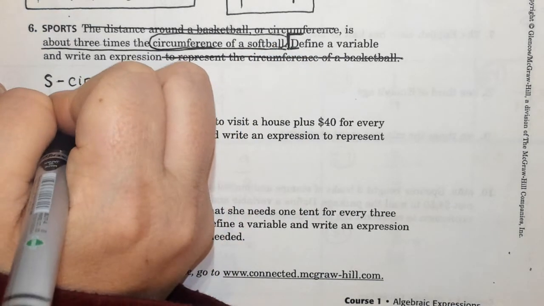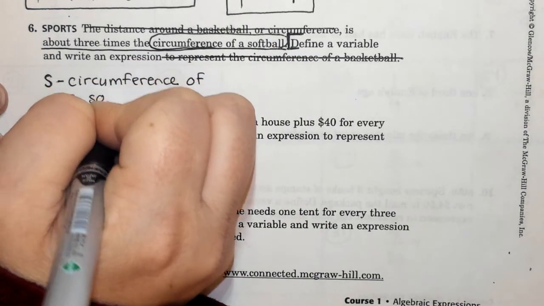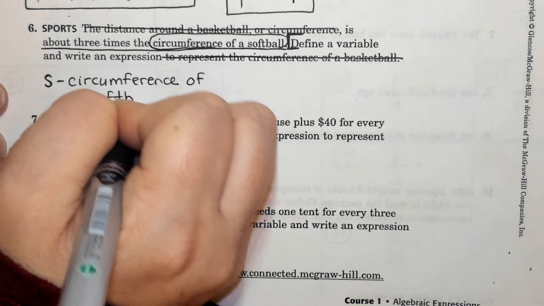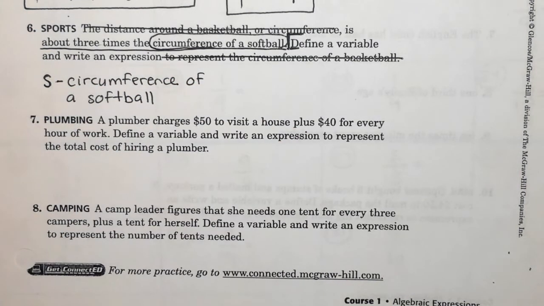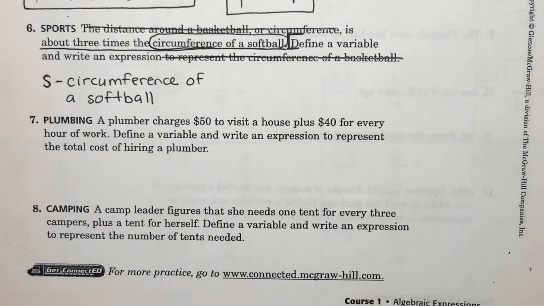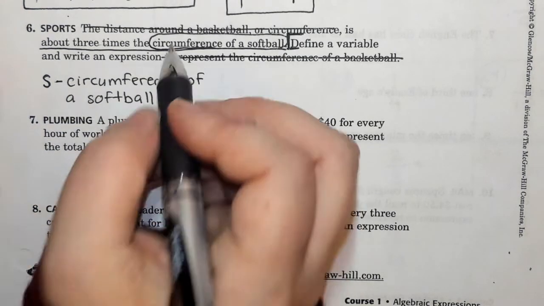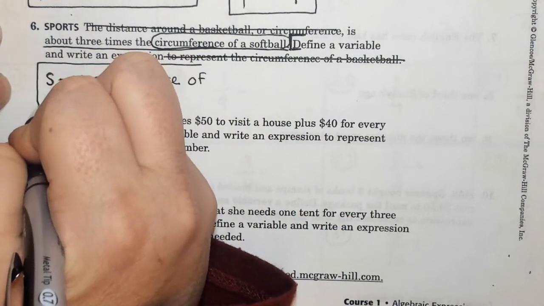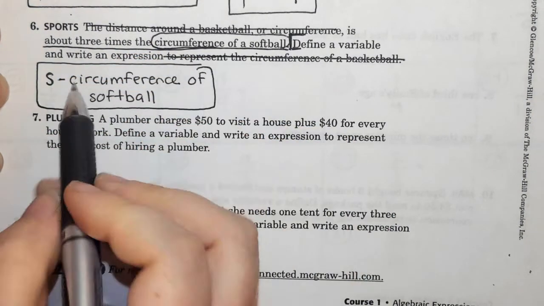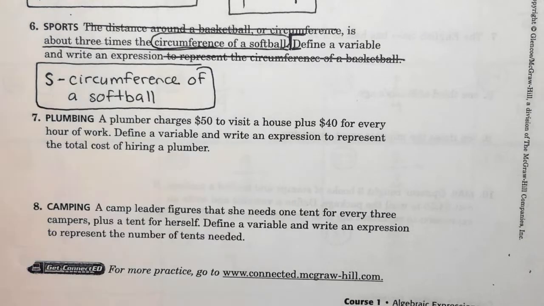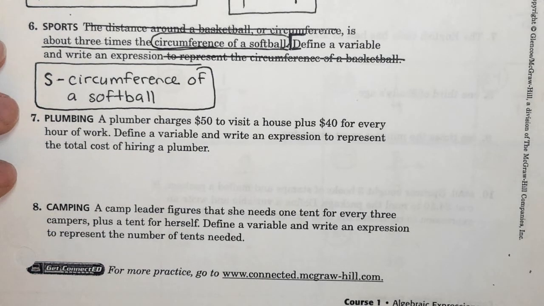This would be another letter that some of y'all are going to have to be a little bit neater with your writing. Because some of y'all's S's might end up looking like 5s, or your 5s look like S's. So let's make sure we're writing to where we can read what's going on. All right. So it says about 3 times the circumference. So how would I write 3 times the circumference?